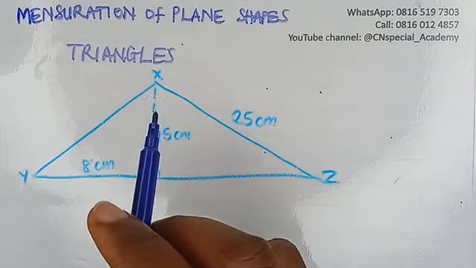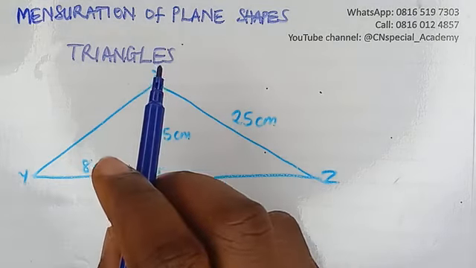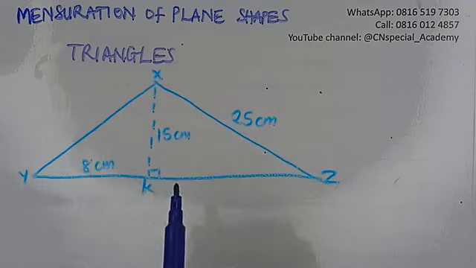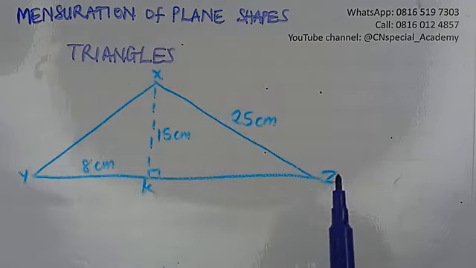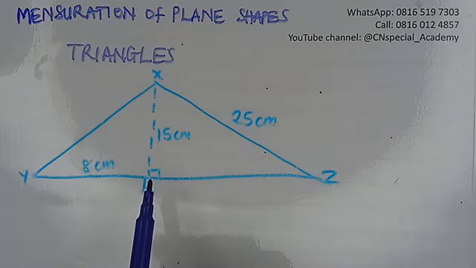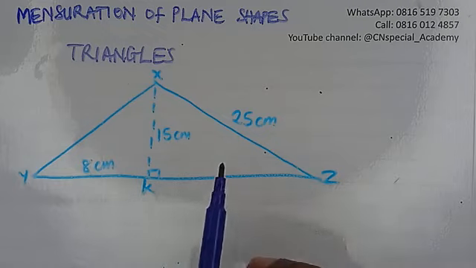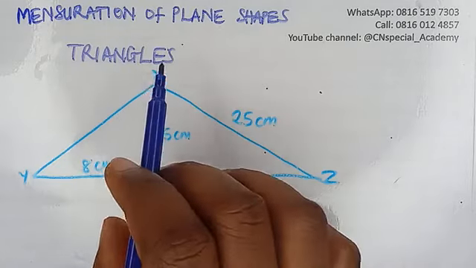We have the height, but we don't have the base. Remember, the height must be perpendicular to the base. Here we have 8 cm, but we don't know the length of KZ to complete our base. So half base times height.